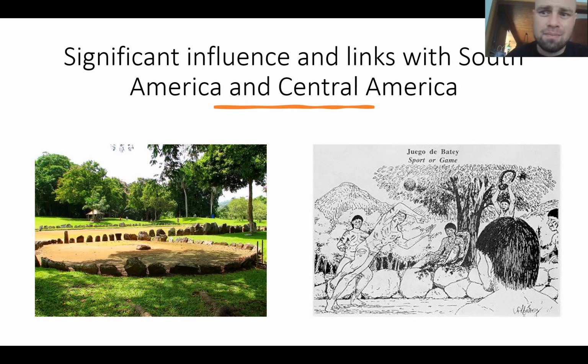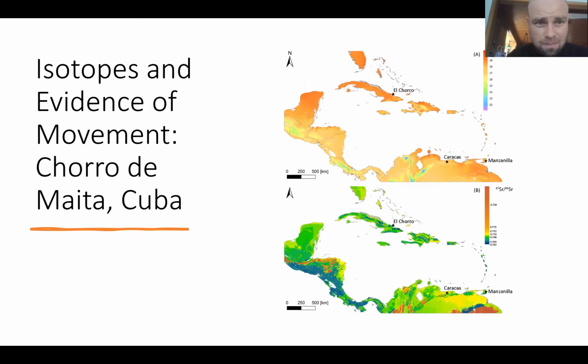So ideas and beliefs are moving around from South America into the Caribbean, into Costa Rica and such. And so we see things like a rubber ball game, specific iconographies and specific ideas, the use of hallucinogenic drugs. These are all things that have Amazonian origins and move throughout into other parts of the Americas, including the Caribbean.